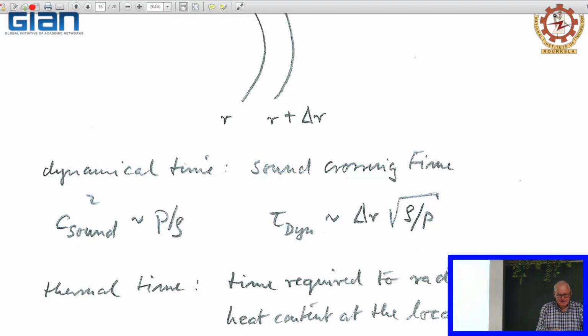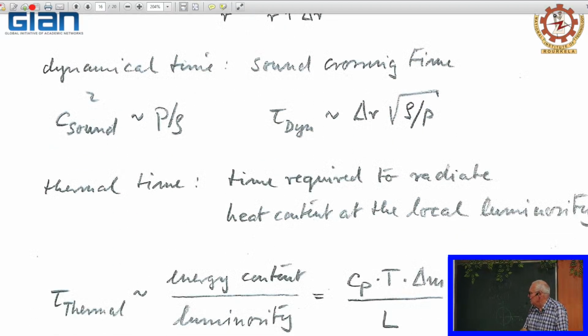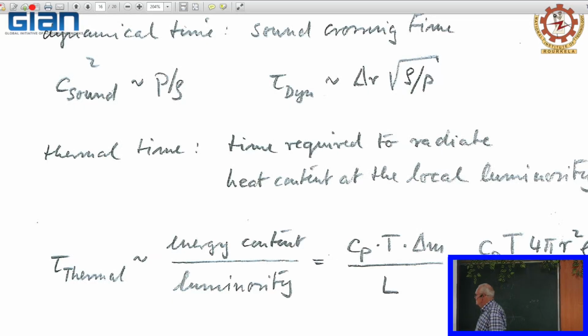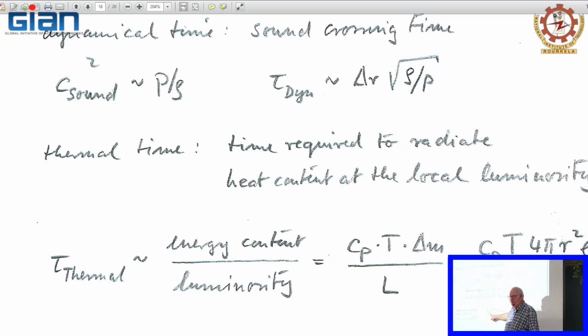So we have to calculate the heat content of this shell. The energy content is given by the specific heat times the temperature times the mass of the shell. Now we replace the delta M by the density and the volume of our element. The mass in our mass shell will be of the order of density times the volume. And the volume of a spherical shell is the surface of the shell, 4 pi r squared times delta r.